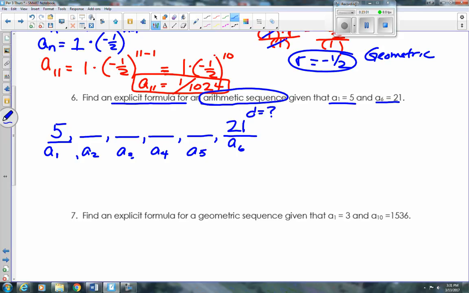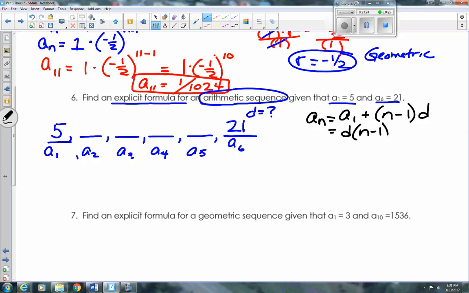To get an explicit formula, when I know that I have an arithmetic sequence, I know that I'm going to end up using a subscript n is equal to a1 plus the quantity n minus 1 times d. And again, I'm going to rearrange this.